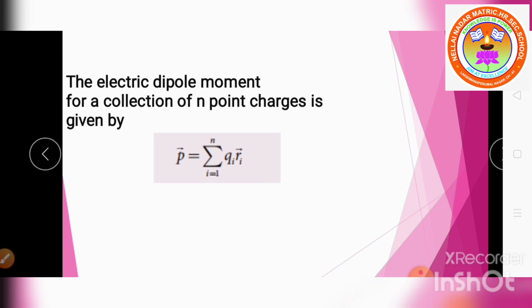The value of i runs from the first charge to the nth charge. Here r i vector is the position vector of charge q i from the origin. Understand, children? This is all about today's class.